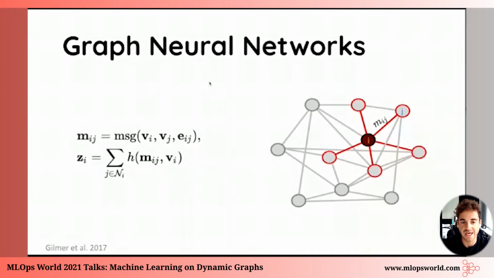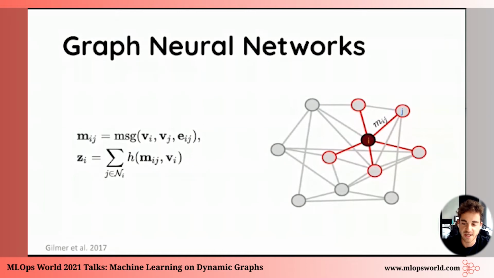One very popular way is the message passing framework, where the idea is that we compute the updated representation for a node by first computing and sending messages from all its neighbors, and then aggregating these messages together to give the new representation for node I. So to give an example, here we care about node I.